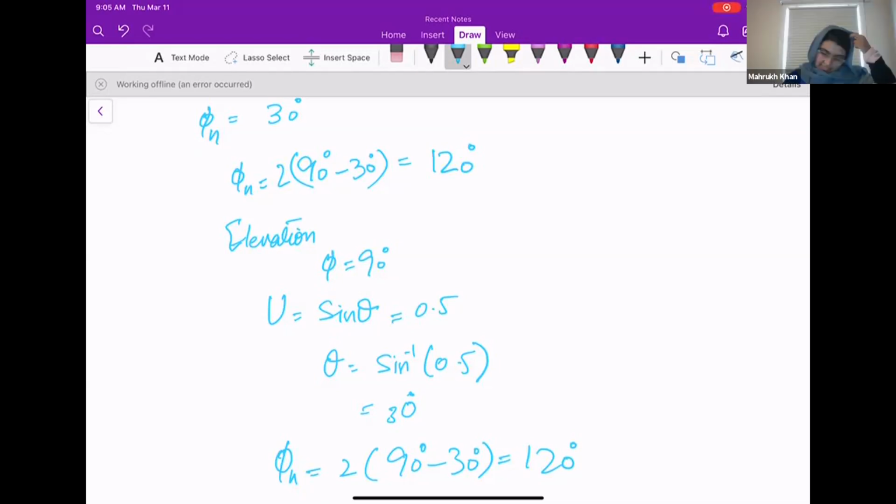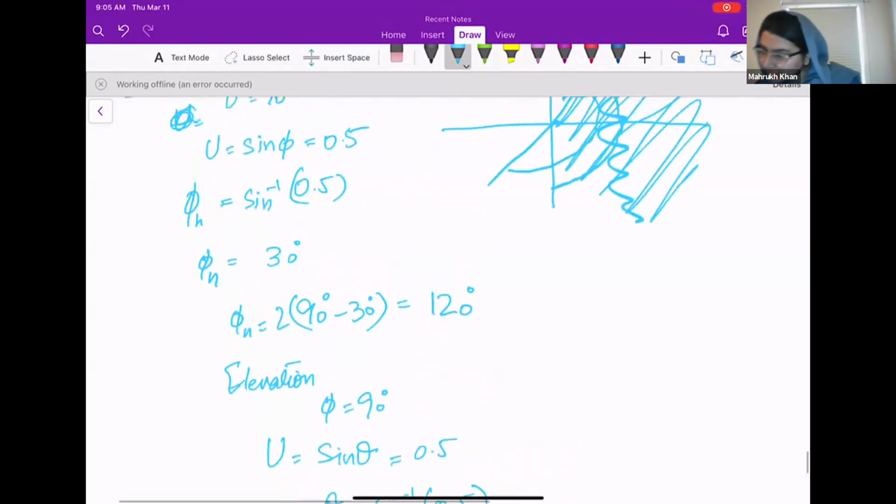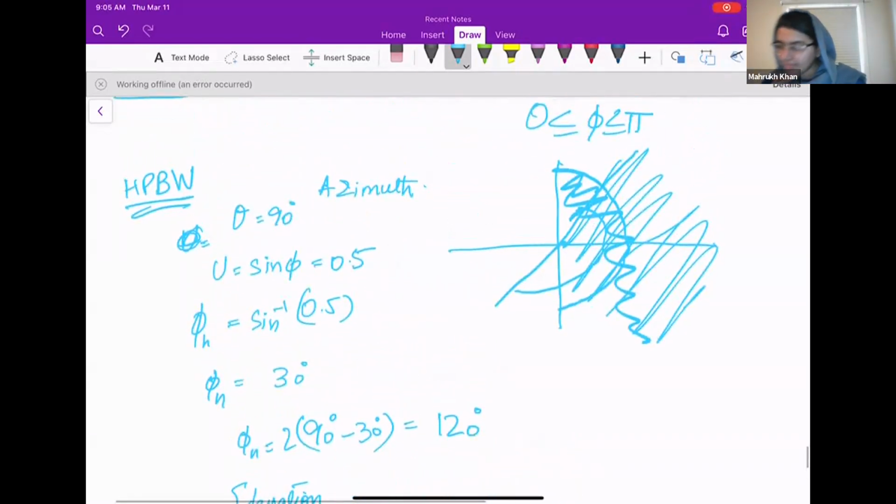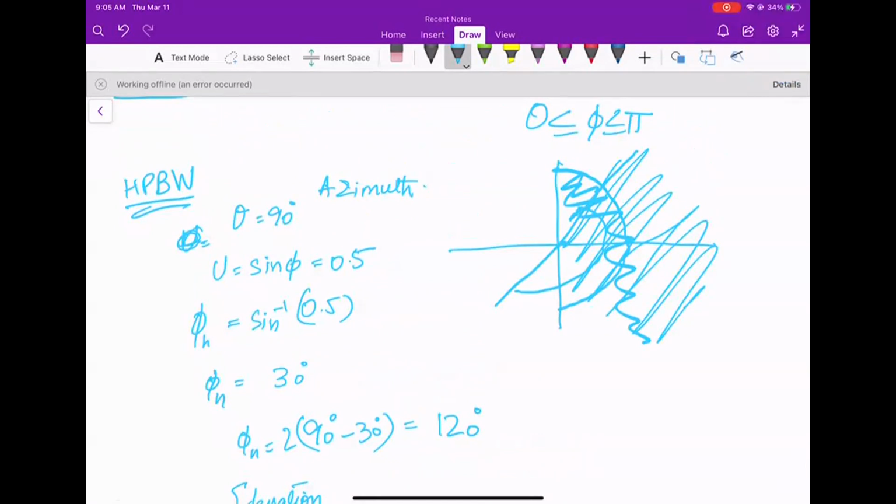Yes, azimuth is theta equal to pi by 2, and elevation is phi equal to this. So I think that's fine. Oh, I meant for the elevation. So for azimuth, we're solving for phi n, but for elevation, we're solving for theta n, right? Yes. Okay.